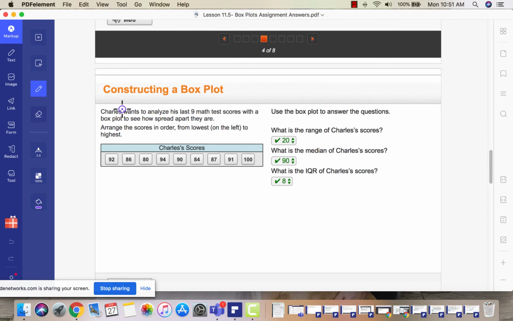Charlie wants to analyze his last 9 math scores with a box plot to see how spread apart they are. Arrange the scores in order from lowest to highest. First we put our scores from lowest to highest, and then we make our box plot.